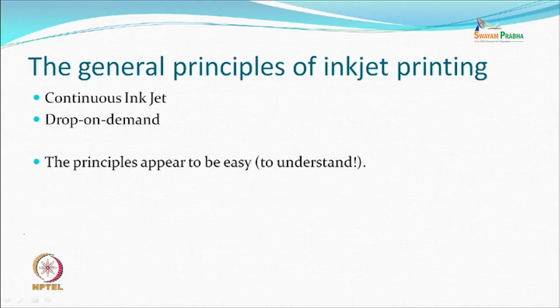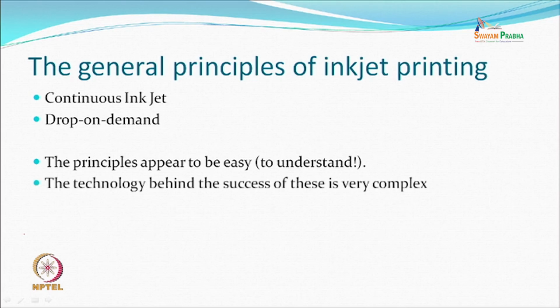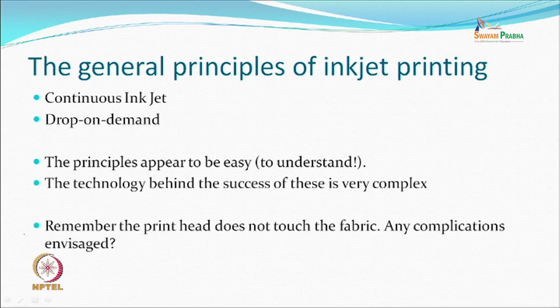So the principles appear easy to understand, but getting them done is obviously more complex, and so the cost and the sophistication still are part of this technology. Remember again that the print head does not touch the fabric. Every time it touches, you will have a problem.